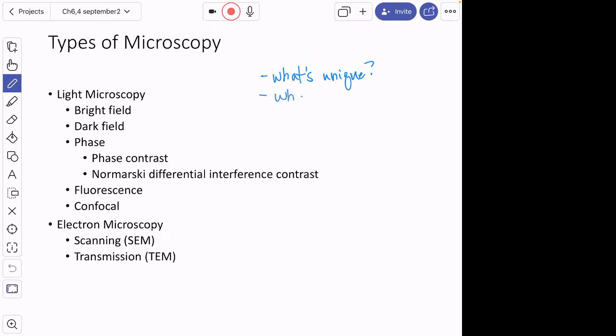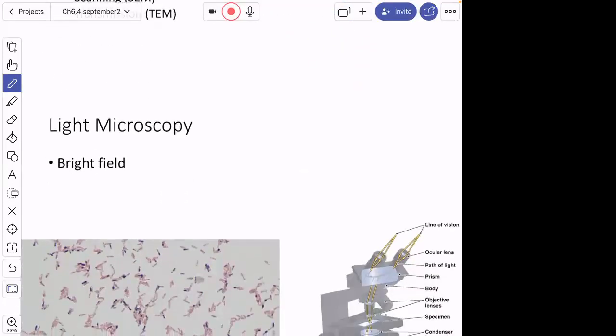And to some extent, what do the cells look like? Some basic, general idea of the appearance of the cells. Okay, so we'll go through these one at a time here.